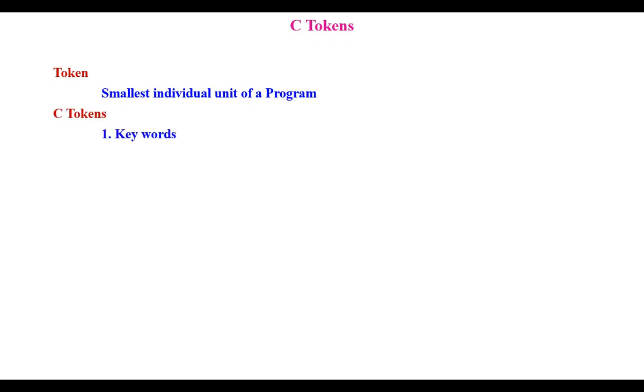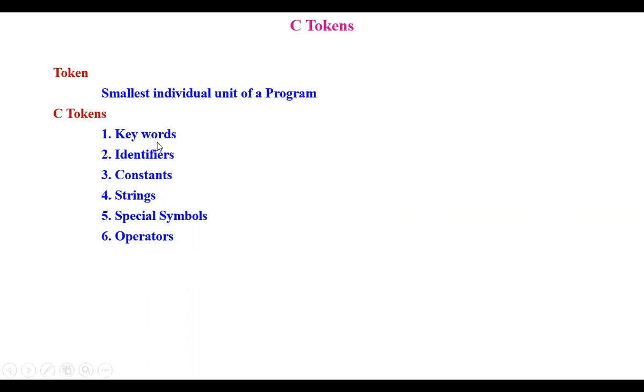There are keywords, identifiers, constants, strings, special symbols, and operators. These are all the smallest things which are used in C. Let us understand what they actually are, where and how they are used.